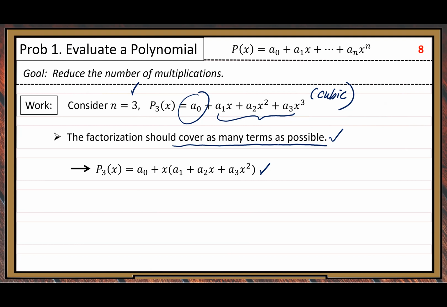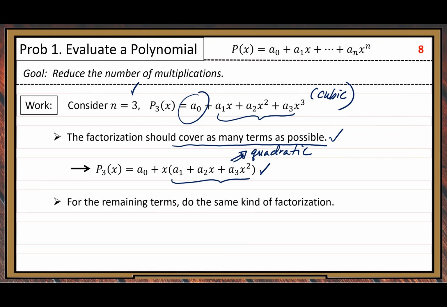After that, look at the polynomial inside the parenthesis. Inside the parenthesis, it's a quadratic polynomial, right? And we just did factorization on the quadratic polynomial for n equals 2. Can we do it again here for this parenthesis part? Factorization, yes.